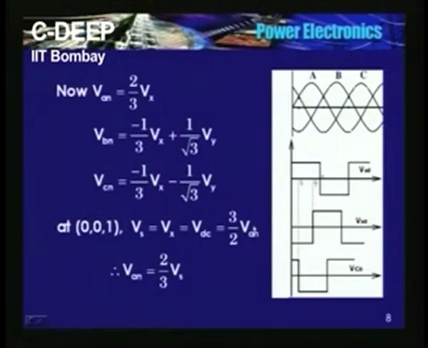Now, what is the relationship between Vs and the phase voltage? Vs is equal to 3 by 2 times VAN. So for 0, 0, 1, Vs is equal to only Vx, and that is equal to VDC.